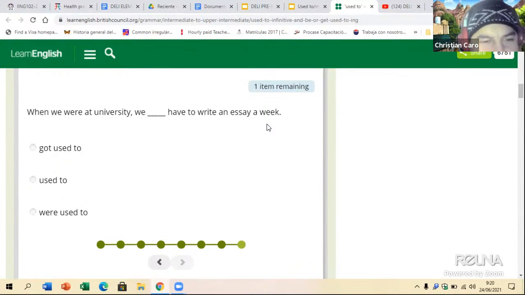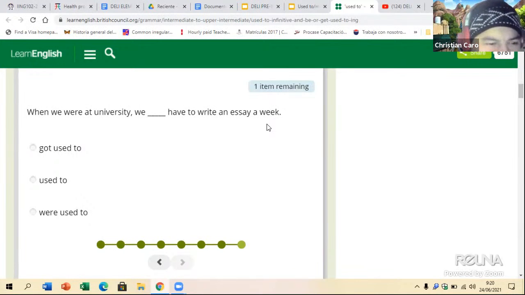Tomás, sí. We got used to have to write. Como nos tuvimos que acostumbrar. Nos acostumbramos, nos tuvimos que acostumbrar a escribir un ensayo a la semana. Used to, solíamos escribir, solíamos tener que escribir.